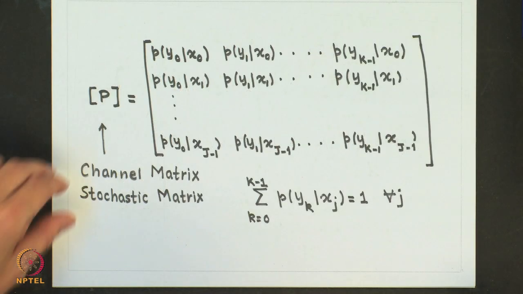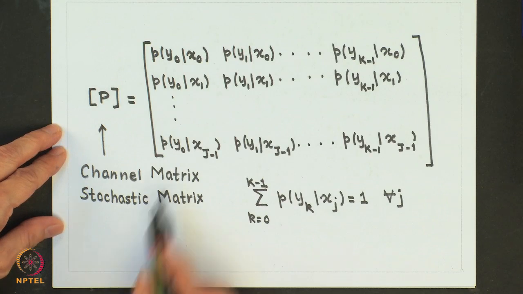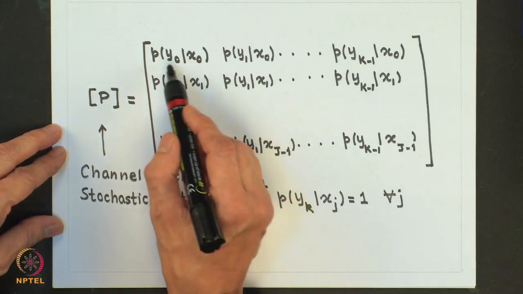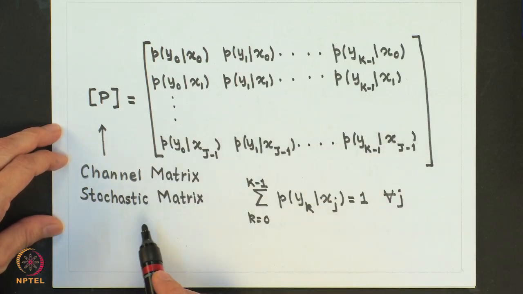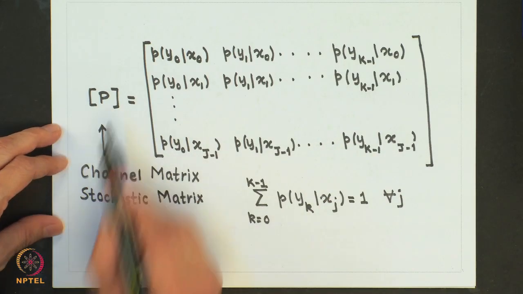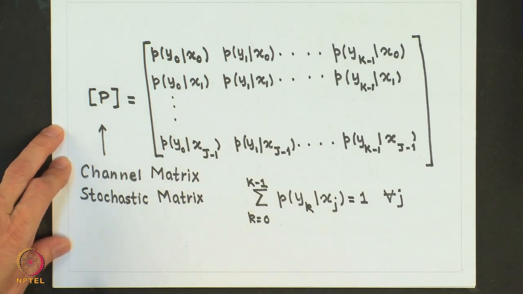Okay. So, a discrete memoryless channel can be summarized in the form of a matrix. The matrix is shown here. If you look at the elements of the matrix, they are given here, and this matrix is known as a channel matrix or stochastic matrix.